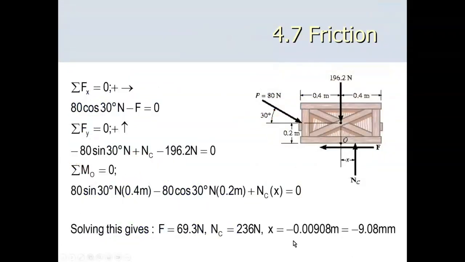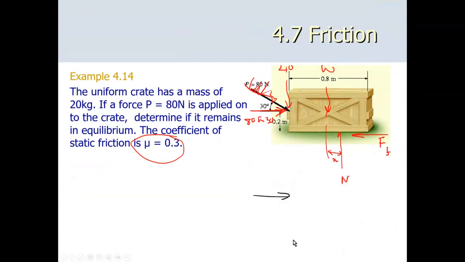So here I am assuming I don't know whether this is static, onset, or whatever. So for horizontal forces, it tells me that the friction force is equal to 80 cos 30. These are the only horizontal forces I have.